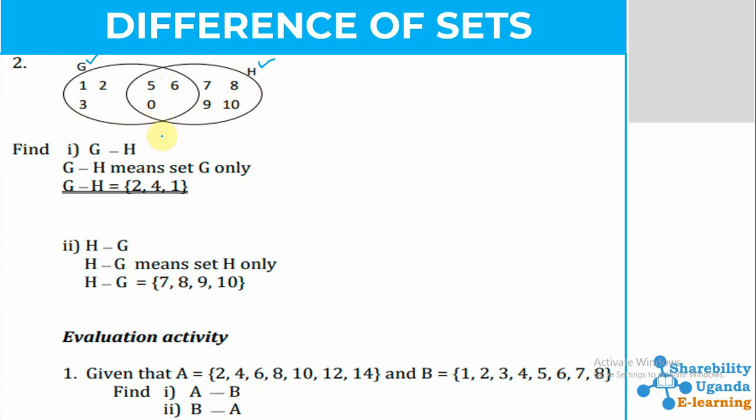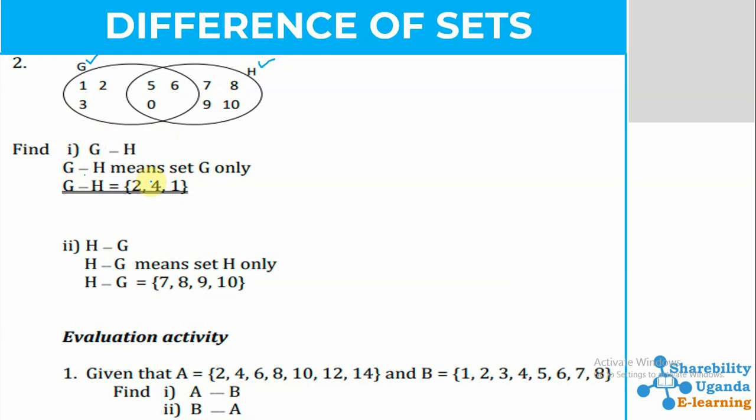Then we should know that when they say find our G minus H, that means G only. Then we should be able to select them.